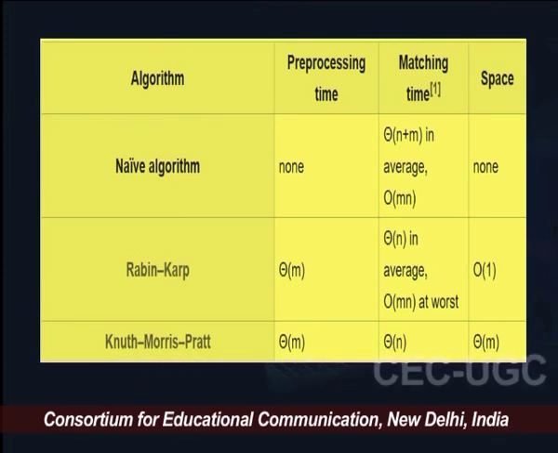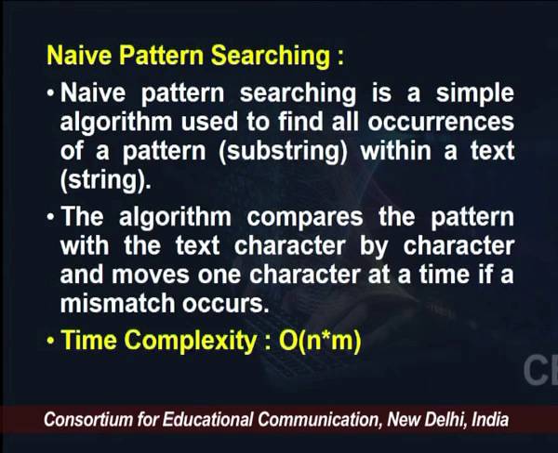Let us begin with the naive pattern searching algorithm. Naive is the most simple, or maybe the most obvious, algorithm, which is why it is known as naive pattern searching. Naive pattern searching is a simple algorithm which is used to find all the occurrences of the pattern.